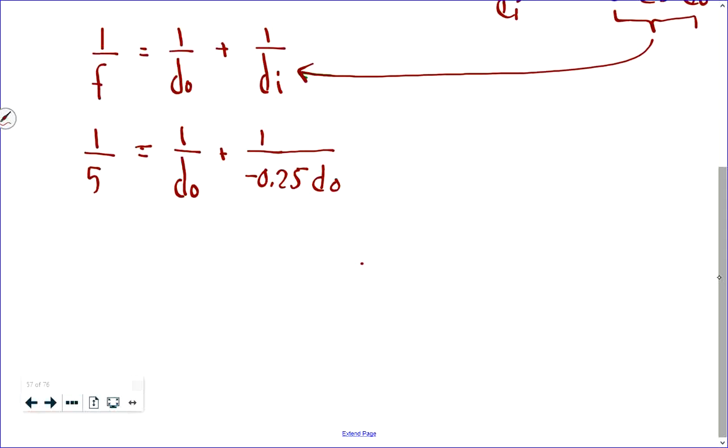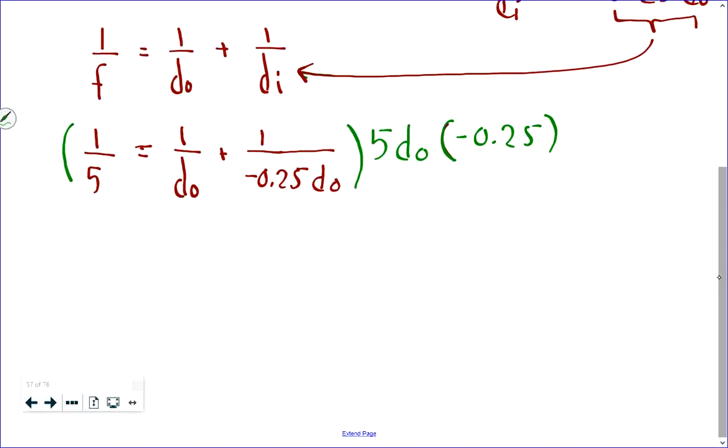And you would solve this by multiplying both sides of the equation by 5 to get rid of this 5 in the denominator, by dO, which will at the same time get rid of the dO in each of these terms, and also by, I would actually use the negative here, you don't have to, negative 0.25, which would get rid of the negative 0.25 as well.